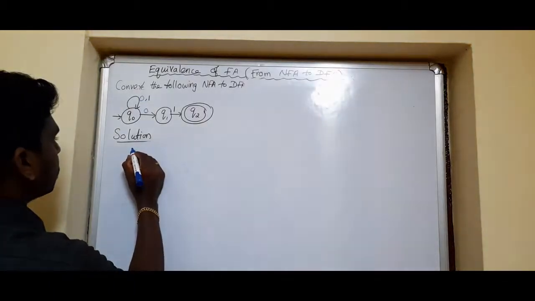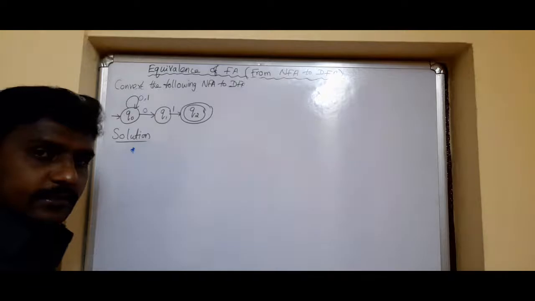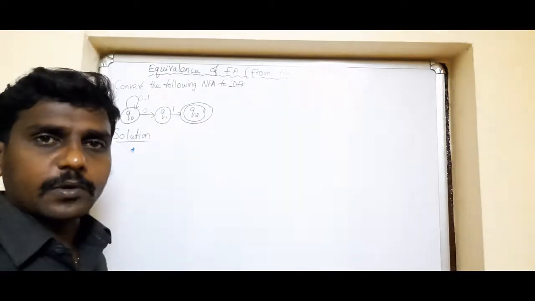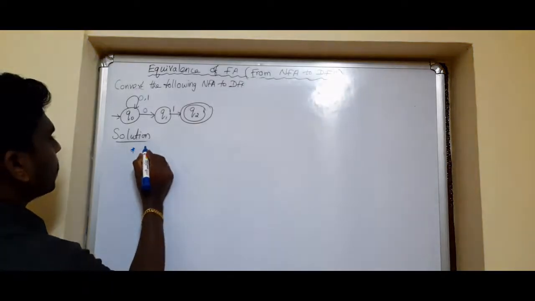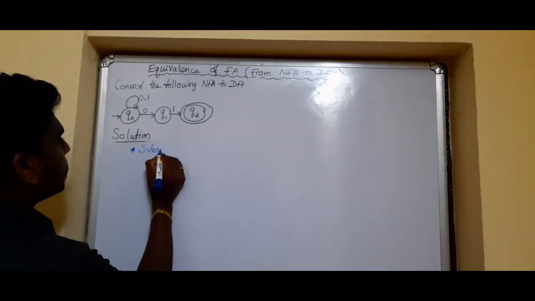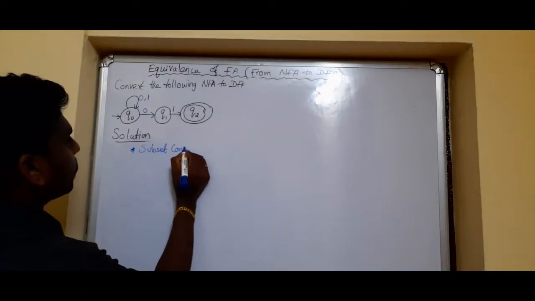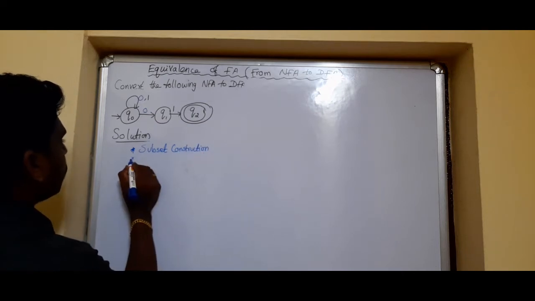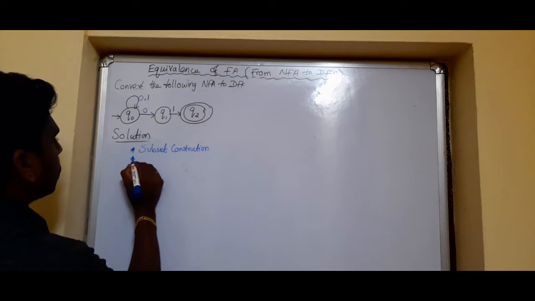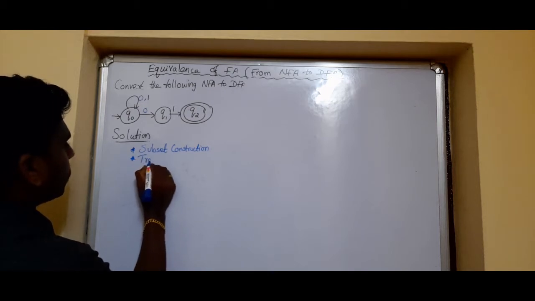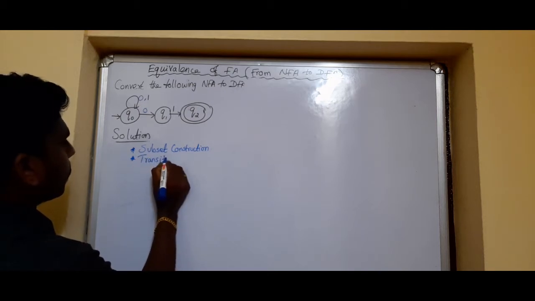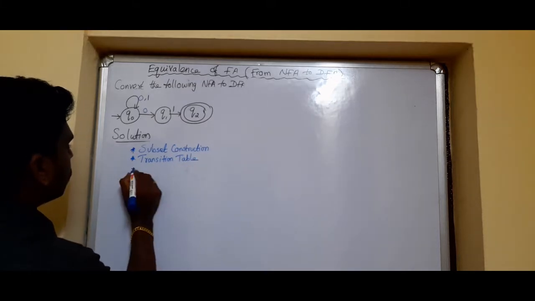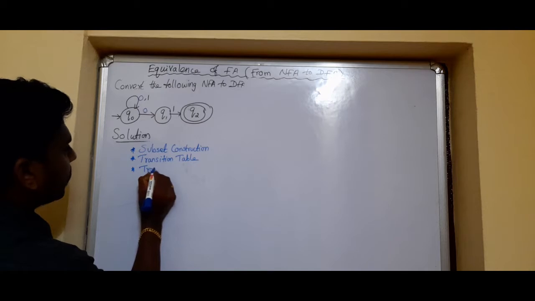To solve this, there is a method with steps you have to remember. The first one is subset construction. Second one is transition table. Third one is transition function.